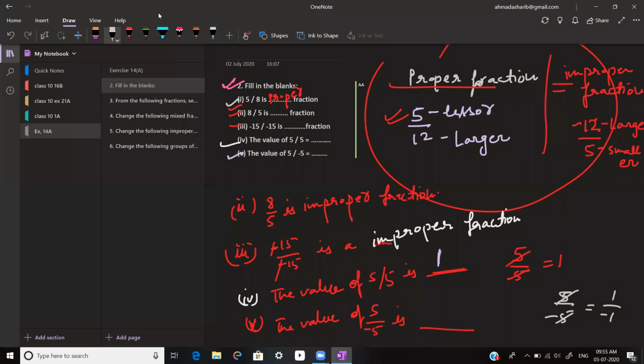If you have a minus in the denominator, listen very carefully, you have to use the minus in the numerator only. So this is minus 1 upon 1, and if the denominator is 1, it is not written. So the final answer is minus 1. You will write minus 1 as your answer.